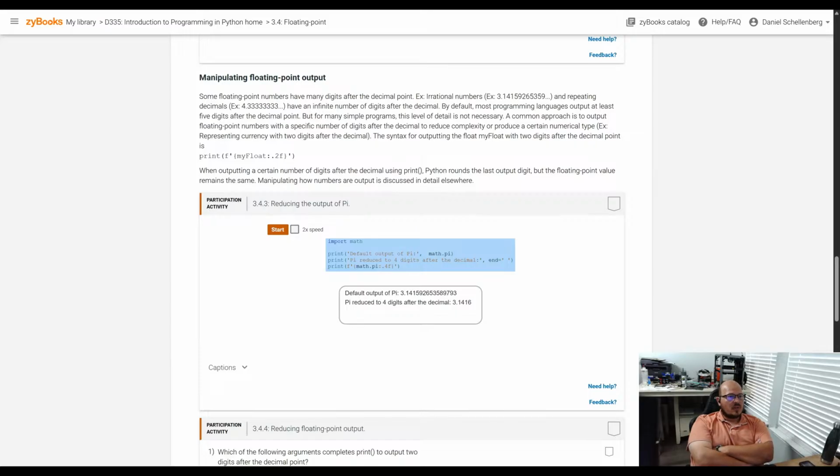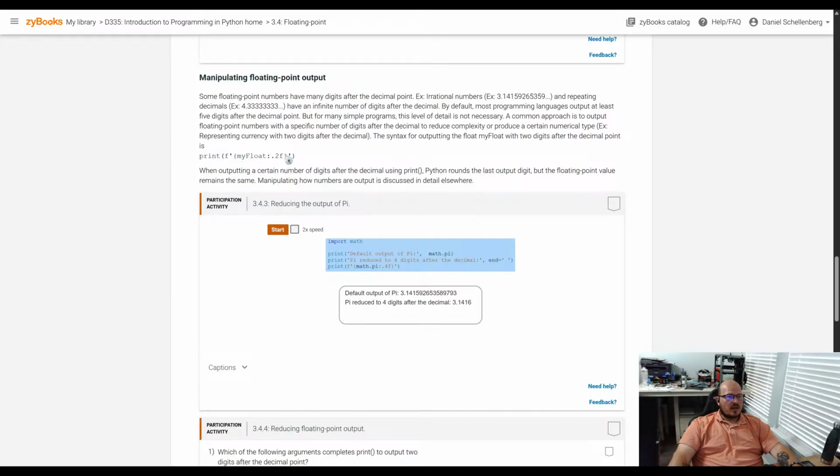Example, representing currency with 2 digits, like $2.25. The syntax for outputting the float, my float, with 2 digits after the decimal point is print f string my float.